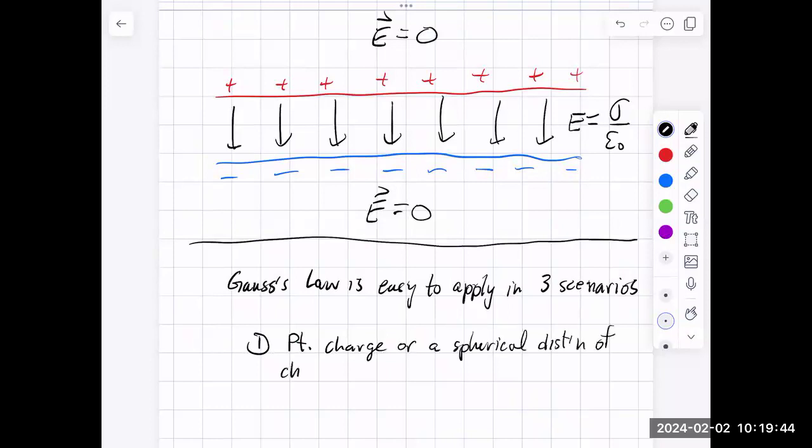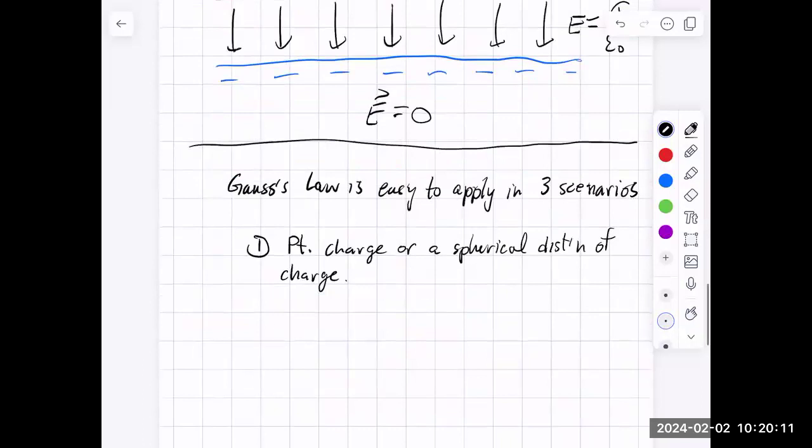By a spherical distribution of charge, what I might mean is maybe you have some kind of sphere that has some uniform charge throughout its entire volume. So that's a spherical distribution of charge. Whenever you have a spherical distribution of charge, it'll make electric fields that point radially away from the center of the sphere. So here, the electric field will be in the radial direction.